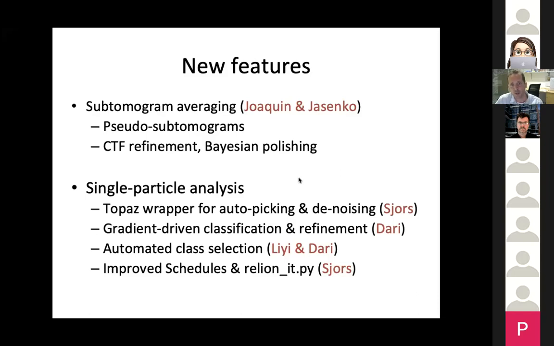And Jasenko adapted his algorithms for Bayesian polishing, CTF refinement, etc., to do those types of corrections on sub-tomogram data, and I'll speak about the details about that. Then there's a whole bunch of smaller developments that have improved what we hope is single particle analysis, and I'll go through those a bit later on.